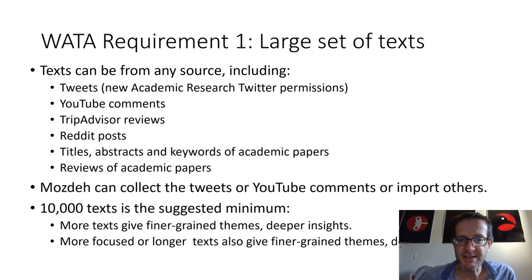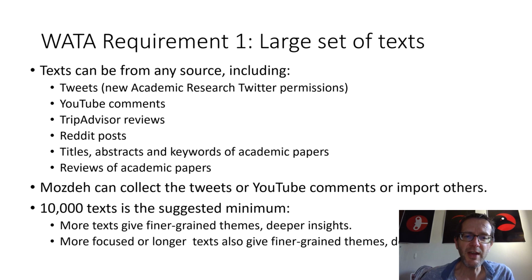So 10,000 texts is the suggested minimum. The more text you have, the finer grained themes you get and the deeper insights you can hope for from your texts. Also, if you've got more focused text or longer text, then that also gives finer grained themes and deeper insights.